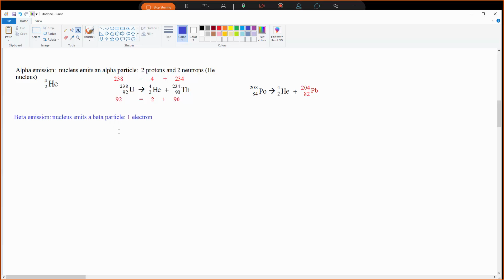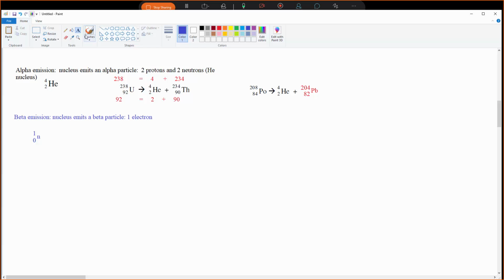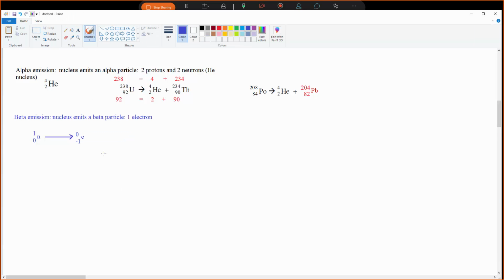Again, particle physics is a little beyond the scope of this course, so we're not going to go into detail about the structure of neutrons and protons. But essentially, if I have a neutron, it has a mass of 1 and a charge of 0. If I kick out an electron, which has a mass of 0 and a charge of -1, what will remain?